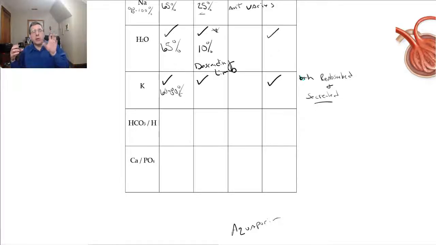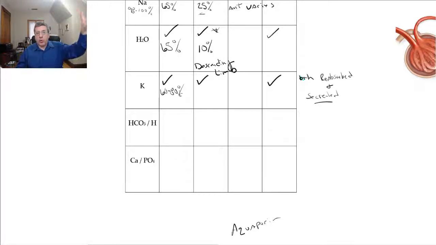Now, with it being more concentrated, that's also saying we have a higher concentration percentage of potassium and other substances in the tubular fluid than we do in the interstitial spaces. So what happens is potassium diffuses down its concentration gradient from the tubular fluid into the interstitial spaces. And it moves to that interstitial space through paracellular transport, so it's in between the cells.